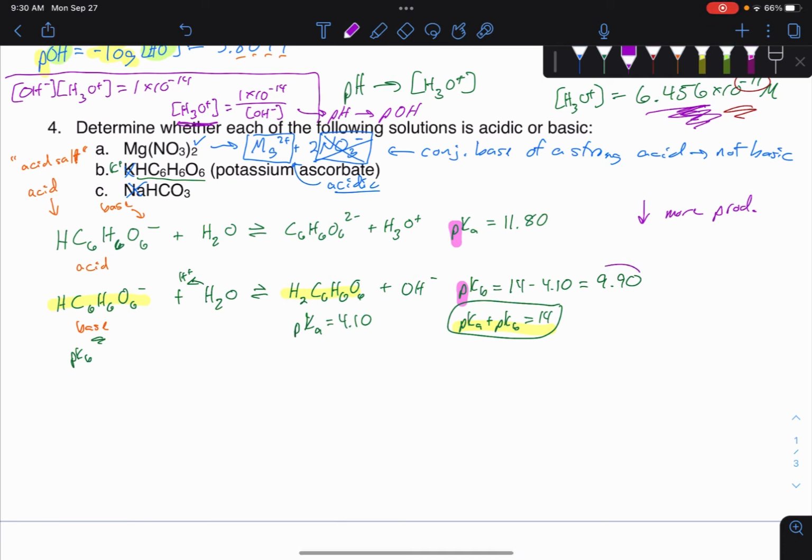So the fact that this pKb is smaller than the pKa means that the second equation is the one that's going to go in the forward direction more so than the first equation.